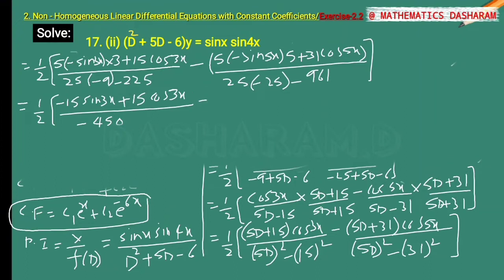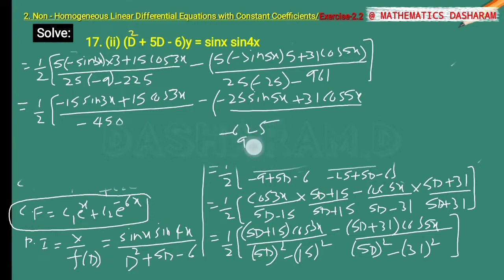Next, minus bracket of 5 5s are 25 sin 5x plus 31 cos 5x divided by 25 into 25, minus 625, and minus 625 plus 961, 6 8 15, minus 1586.